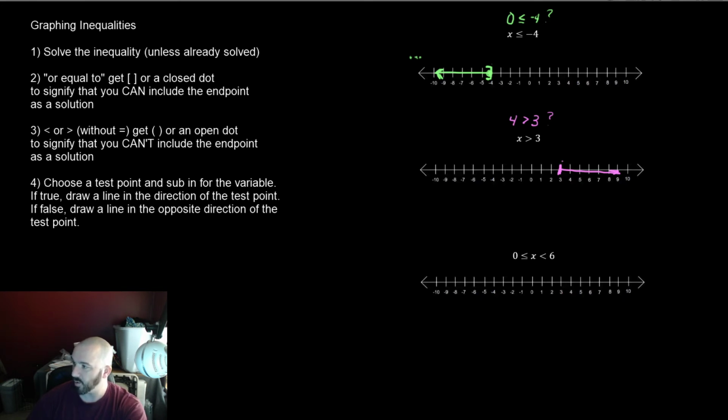And then I'm going to use a parenthesis or an open dot. The open dot says that I cannot actually include 3 in the solution set. However, everything going up to 3 from the high side, so we say it from the right side, but that's assuming that you orient your number line like this.